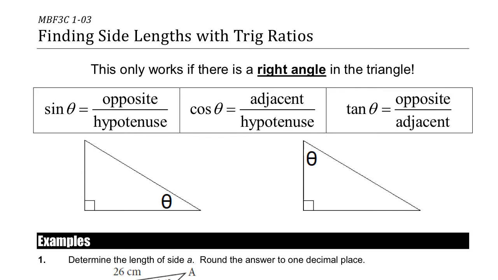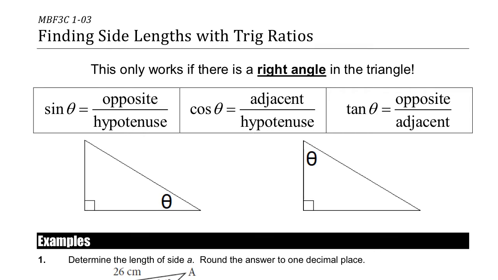Sine of an angle is the opposite over the hypotenuse. Cosine is adjacent over hypotenuse. Tangent is opposite over adjacent. So we need to be comfortable with applying these labels, opposite, adjacent, hypotenuse, so that we can place our side lengths in the correct spot.